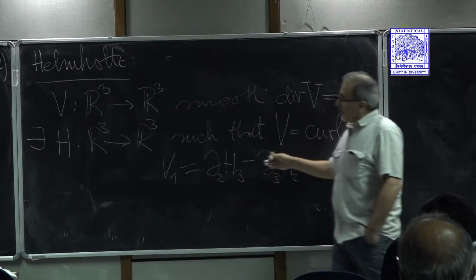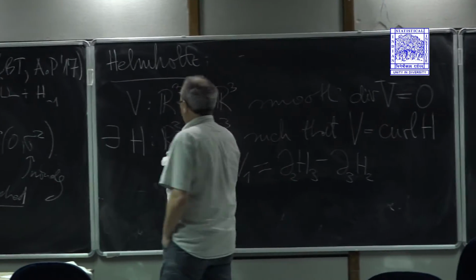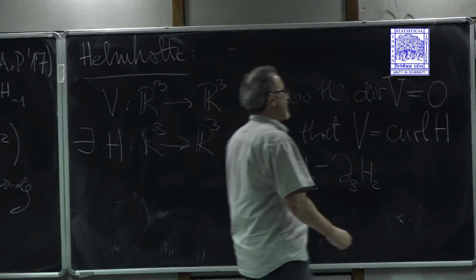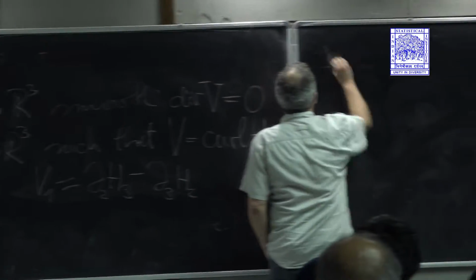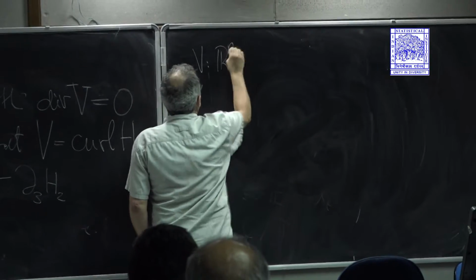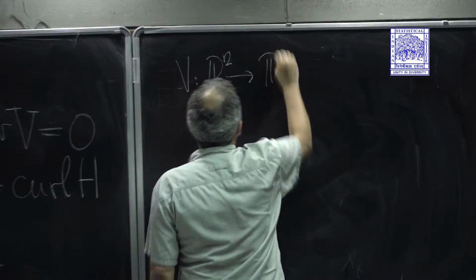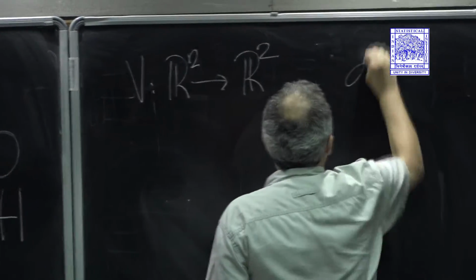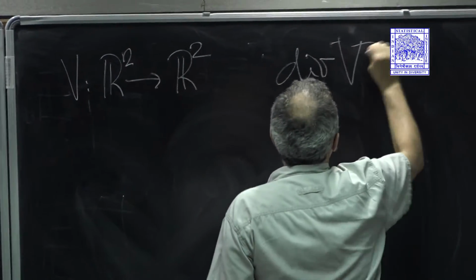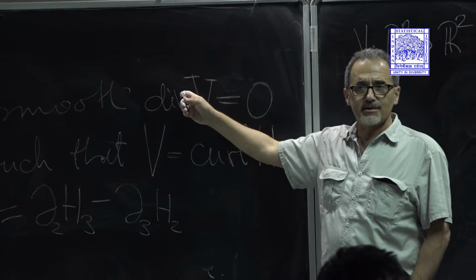That was in 3 dimensions. In 2 dimensions it's actually simpler. If V is from R2 to R2 and divergence of V is zero... I didn't explain divergence.